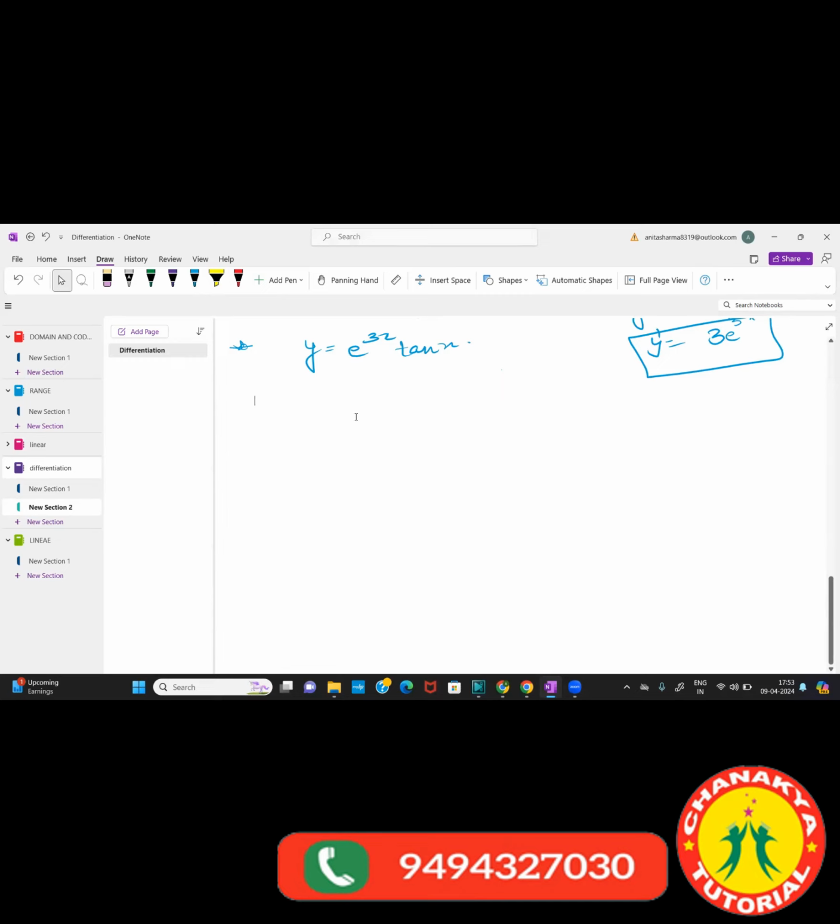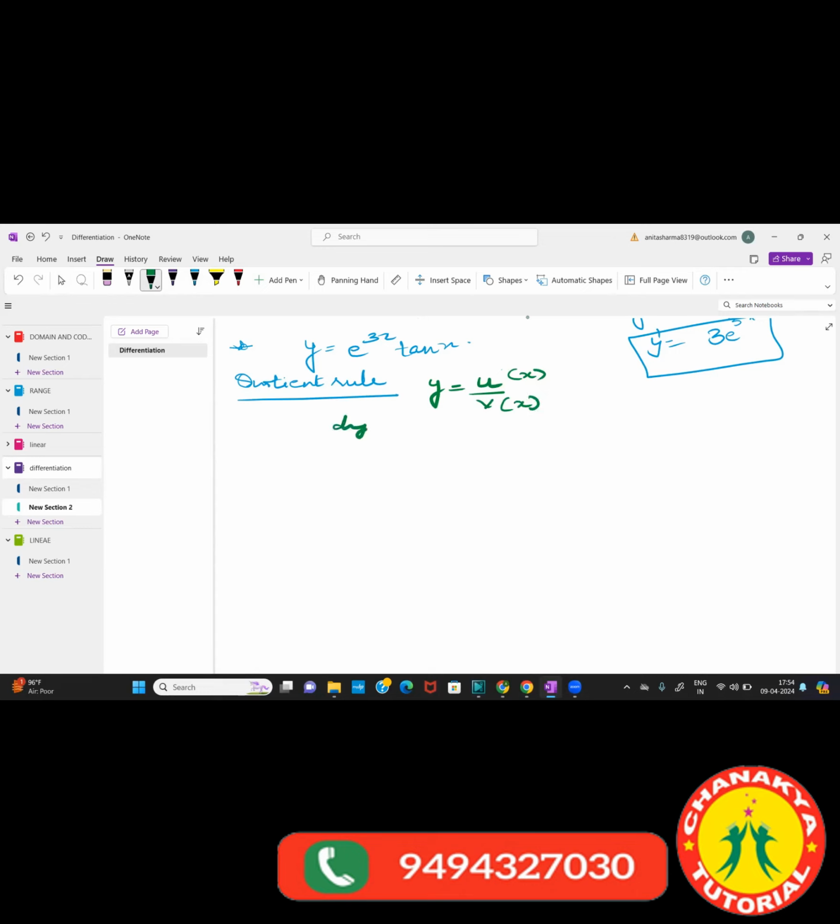Okay, now come to the next, which is quotient rule. Quotient rule means when your functions are in division, in fraction form. Suppose y is equal to u upon v is given, and both are functions of x.